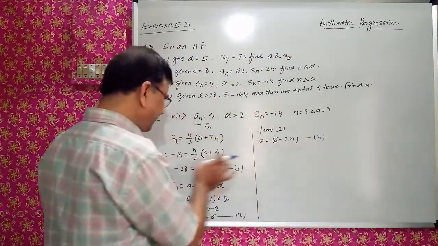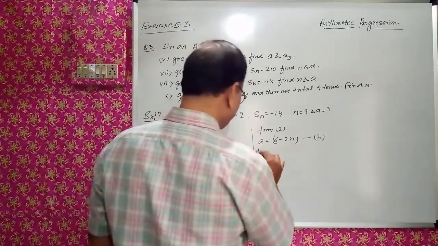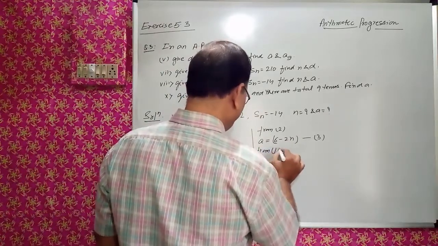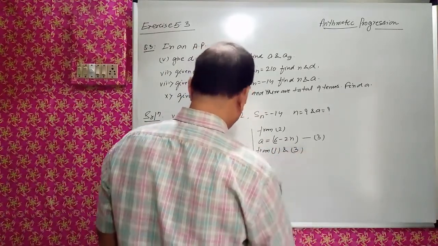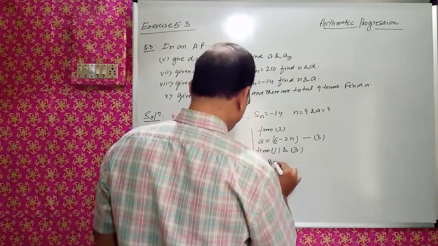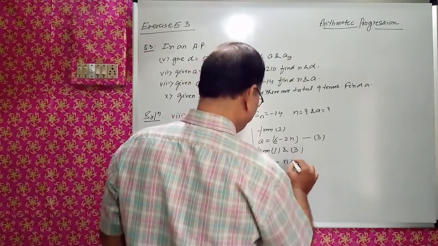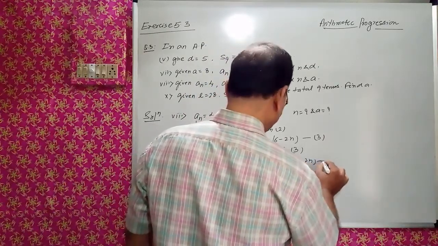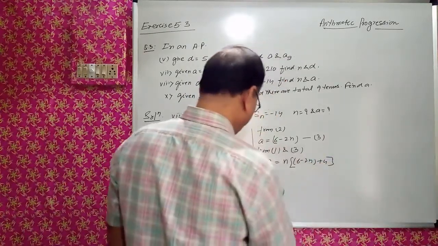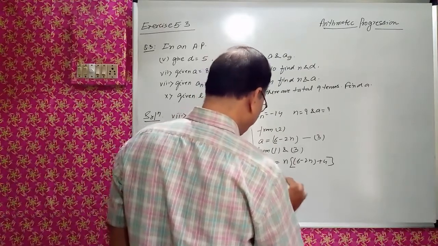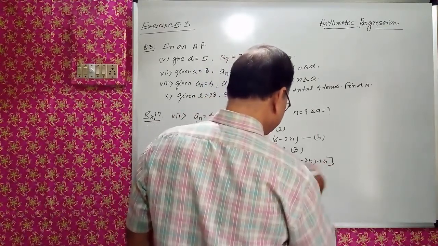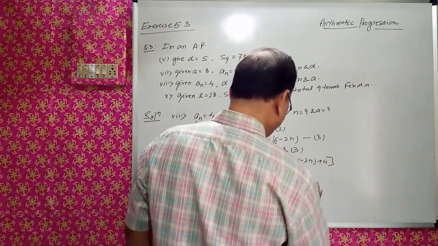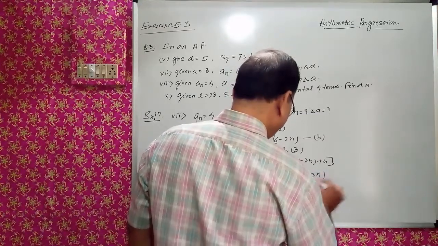The value of a will be put in equation number 1. So from 1 and 3: minus 28 is equal to n into (6 minus 2n plus 4). Therefore minus 28 is equal to n into (10 minus 2n).